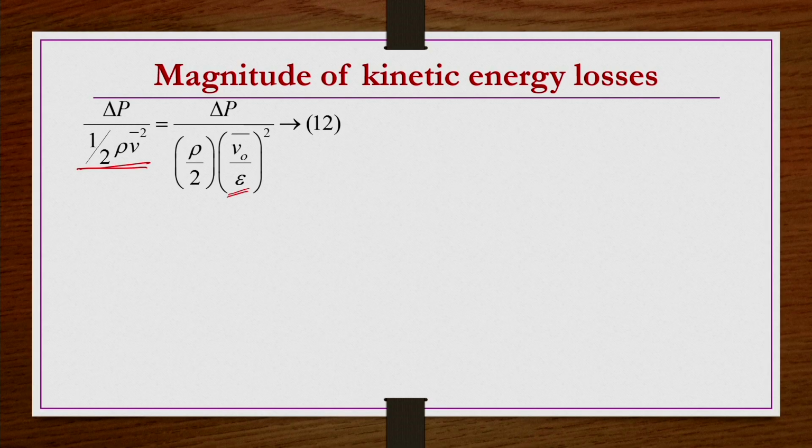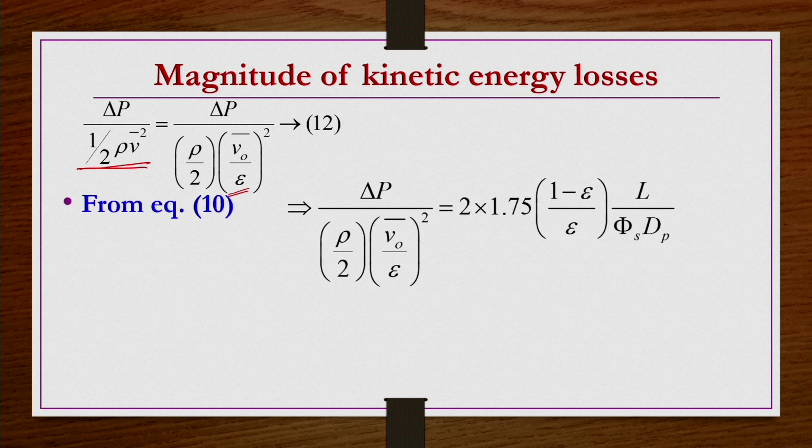Now, in equation number 10, that is the pressure drop at high Reynolds number, the Burke-Plummer equation, we rearrange it such that if we divide both sides by rho by 2 into V naught bar by epsilon whole square, we get the magnitude of the kinetic energy losses in the pressure drop calculation for flow of a Newtonian fluid through packed beds.